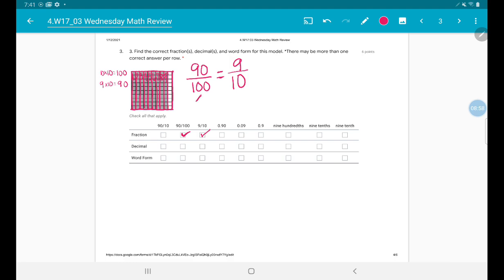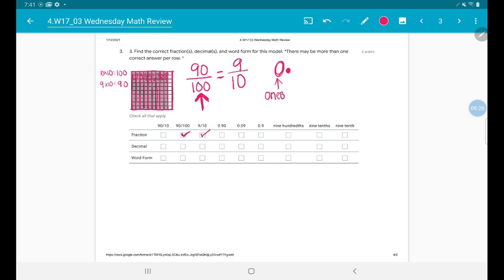Now I'm going to look for my decimals. If we name this fraction right here, the first one that we came up with, we called that 90 hundredths. So we're going to talk about place value that's smaller than 1s. If this 0 right here is in my 1's place value, I've got a decimal point.